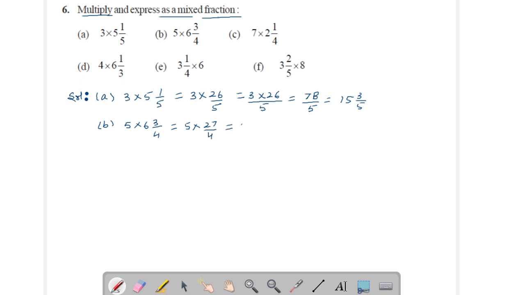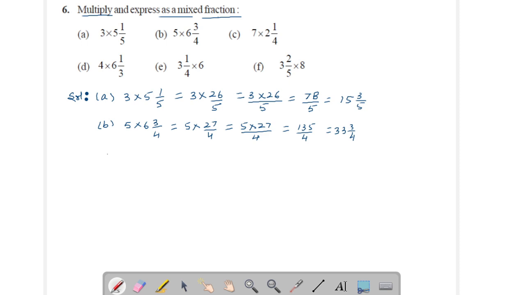This can be written as 5 into 27 upon 4. Multiply 5 into 27. You will get 135 upon 4. Convert into mixed fraction. It is 33, 3 upon 4. This is your answer.